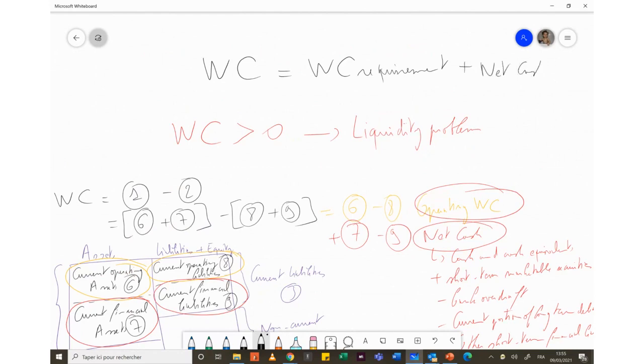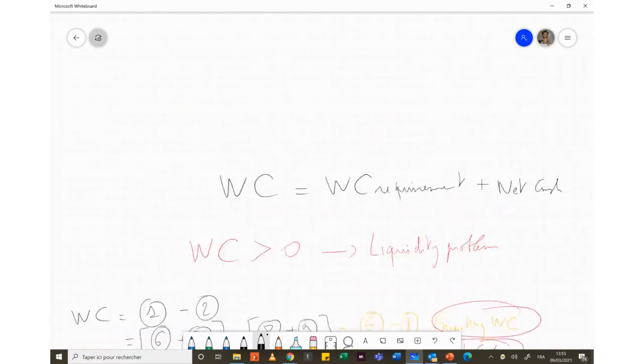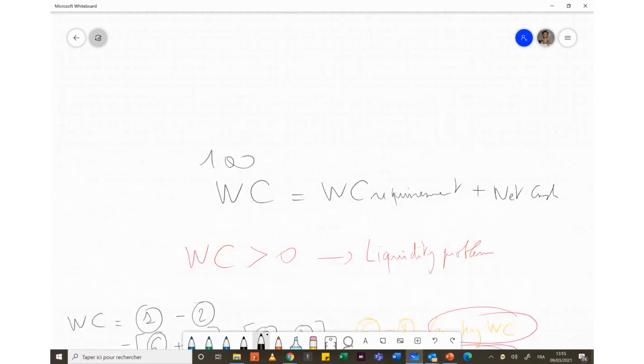But the situation is totally different if you have 100 because you have 95 here and 5 here, or if you have 100 because you have 60 here and 40 here. In terms of liquidity, of course, it's better to already have the cash than to have the working capital requirement at net value.